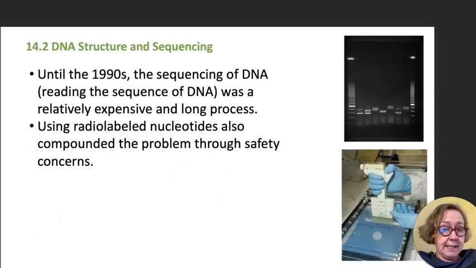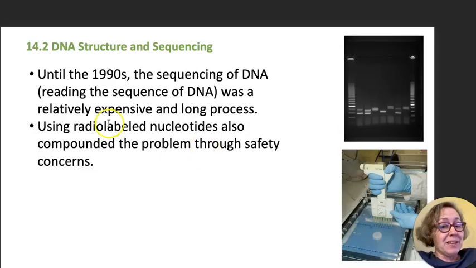Until the 1990s, the sequencing of DNA, reading the sequence of DNA, was a relatively expensive and long process. Just for some context, my entire PhD thesis took me 3.5 years, looking at these things individually, reading them off, A, T, C, G. And now my entire dissertation can be done in about 2 days.